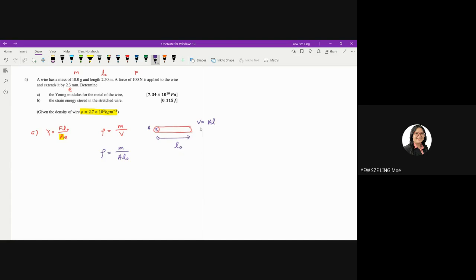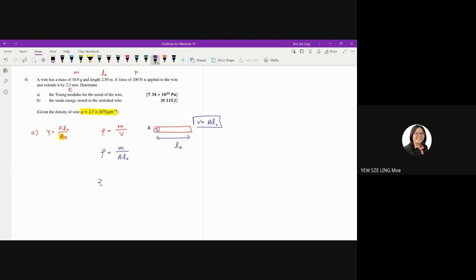Because the volume of a cylinder equals cross-sectional area times the length, we have V equals A L naught. So you sub A L naught into the equation of density. Rho equals m over A L naught.